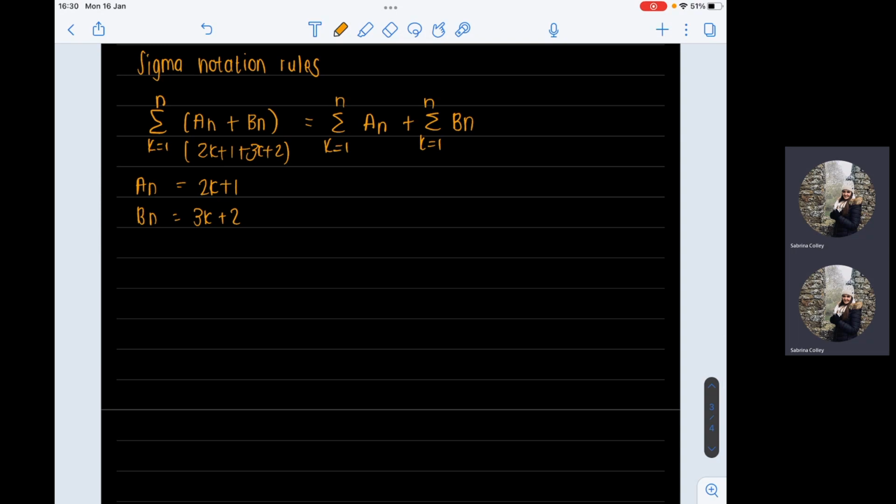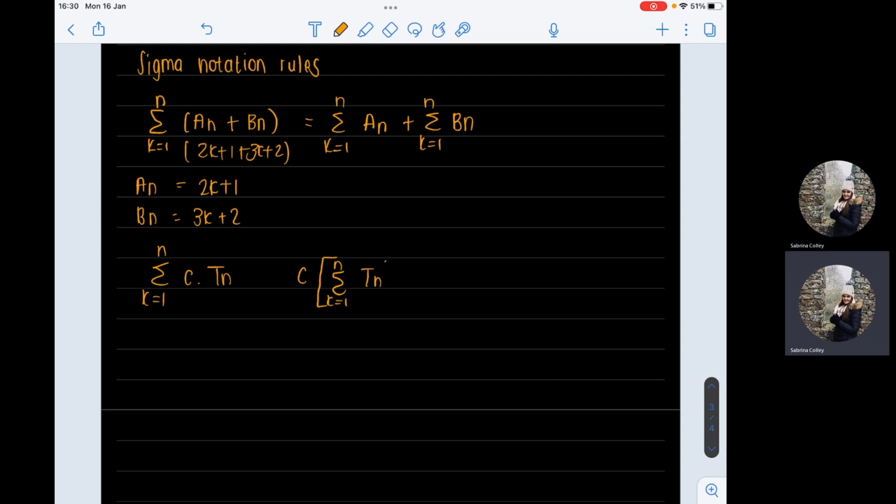Another one to remember is if I've got sigma notation and a constant times a sequence, then I can take that constant out and just work with my sequence, my series.